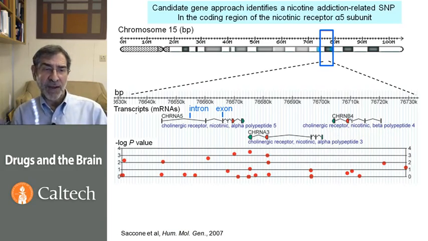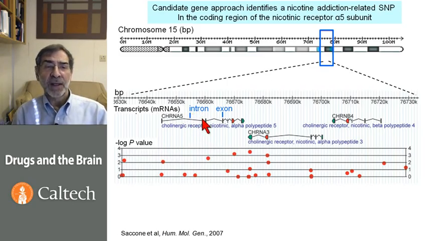Down here we have the log p-values for the probability that a SNP in this region is closely tied to nicotine addiction. The genes, as usual, have introns, which are these jogs here, and exons, which are much briefer bars. These are the actual regions that encode parts of the protein, and the introns get spliced out before translation.